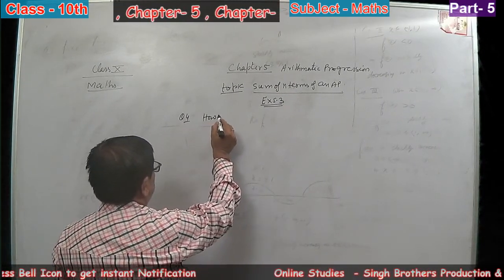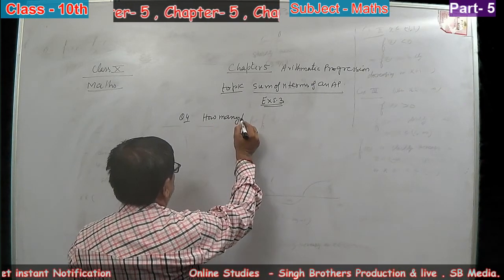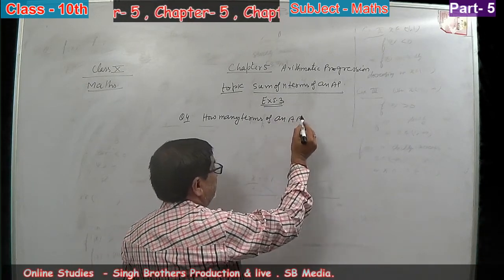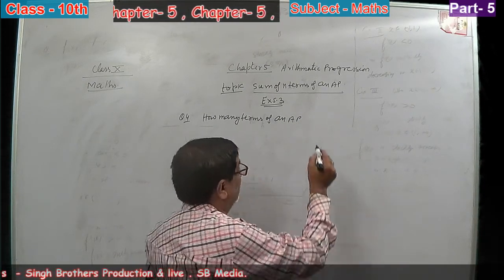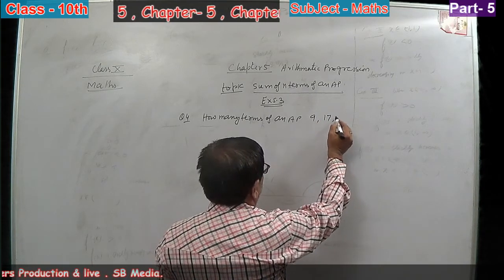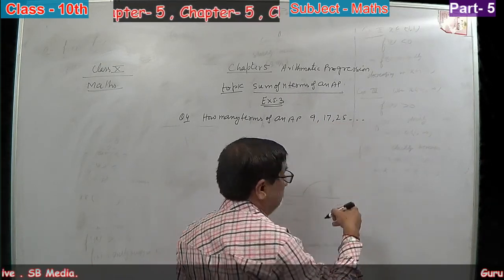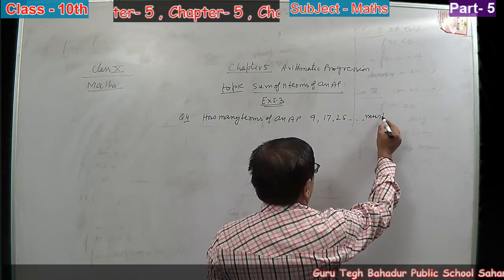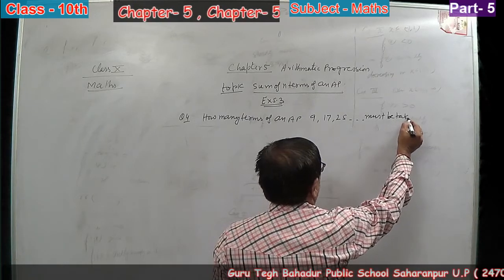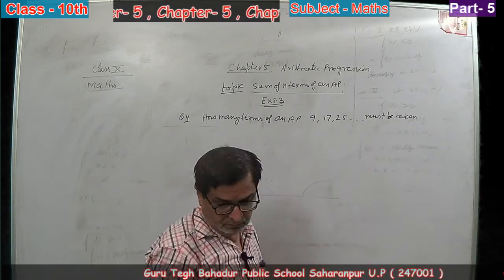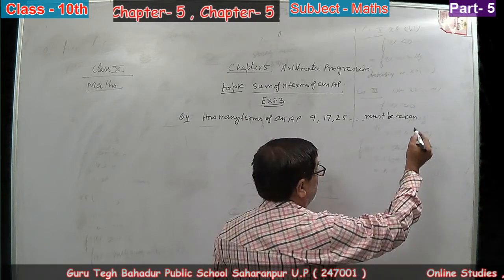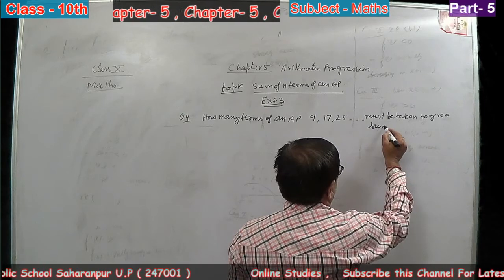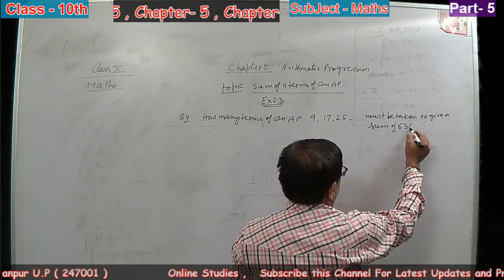How many terms of an AP 9, 17, 25 and so on must be taken to give a sum of 636?